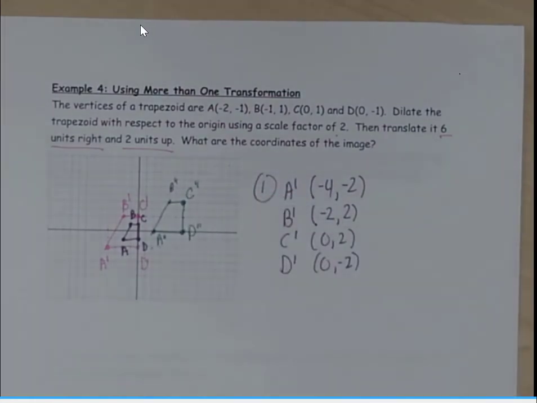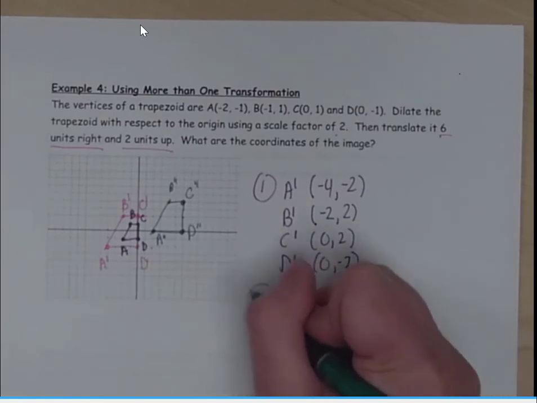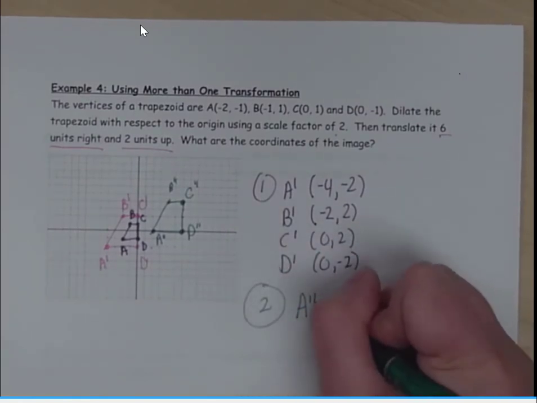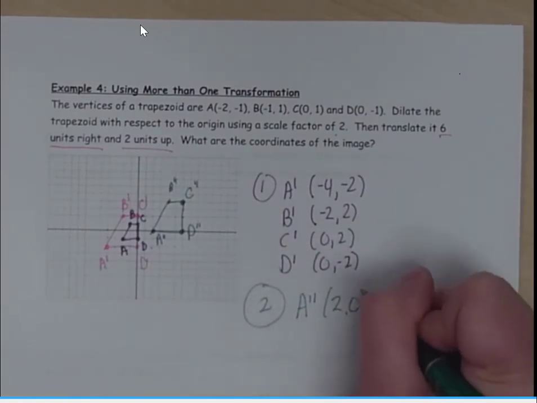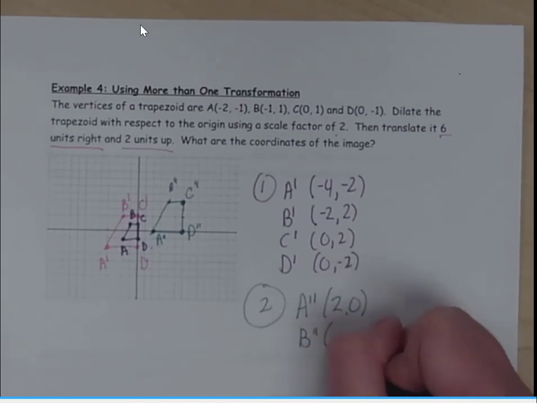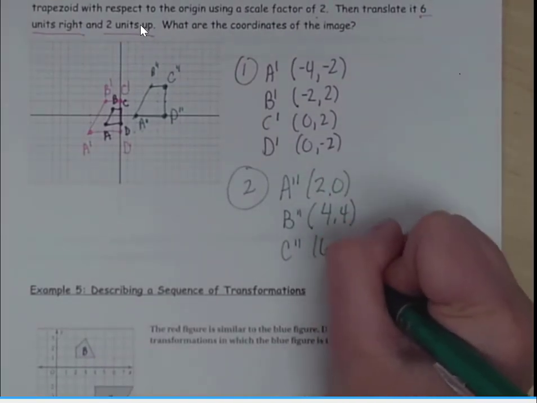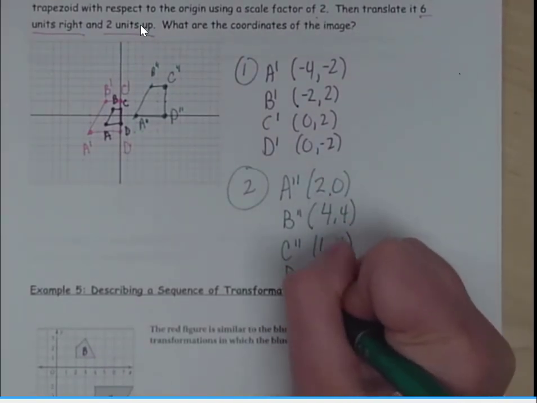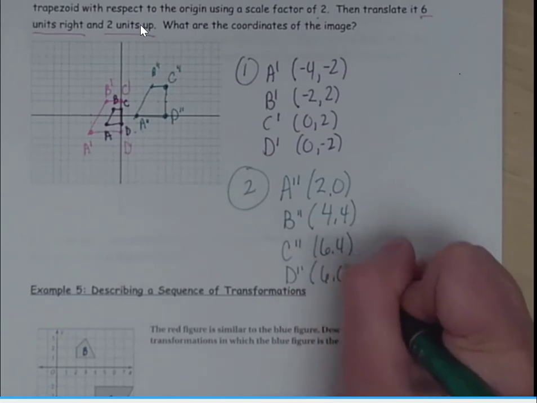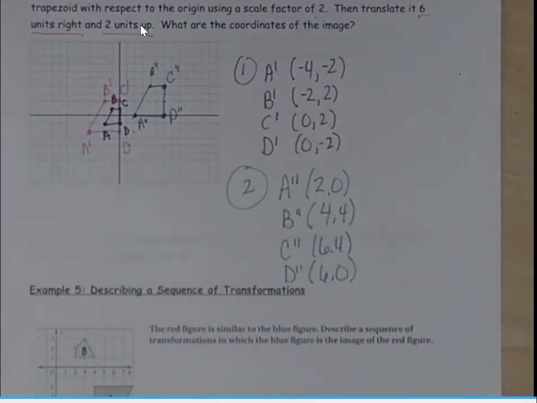So a lot going on there. So my new points, A double prime is at 2, 0, B double prime is at 4, 4, C double prime is at 6, 4, and D double prime is at 6, 0.